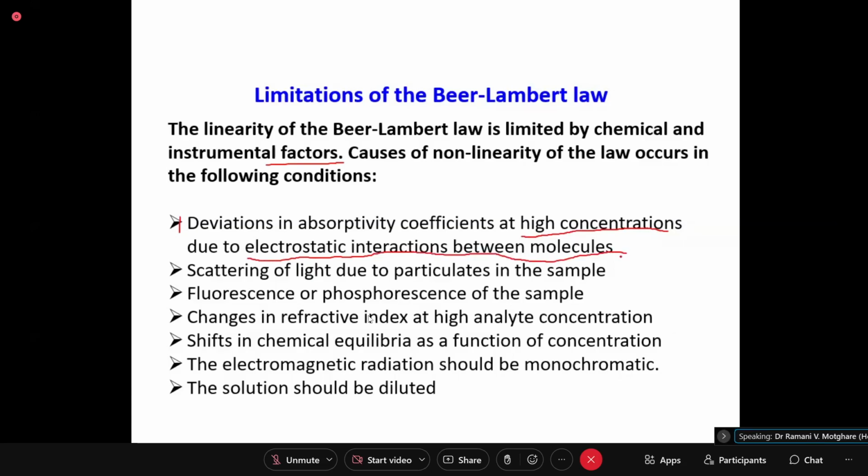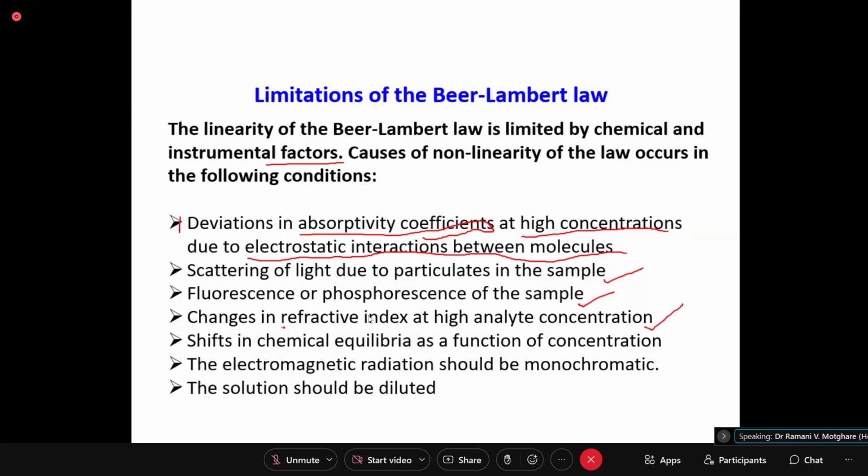When the molecules are densely packed at high concentration, the interaction increases and will change the absorptivity coefficient of that substance. Then scattering of light due to particulates in the sample may occur. Then fluorescence or phosphorescence of the sample may interfere.